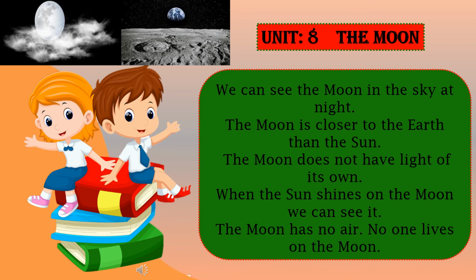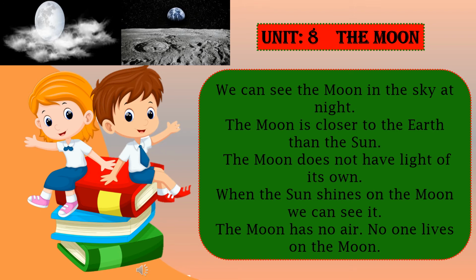The moon is closer to the earth than the sun. And one more thing is that I told you that the sun and all the other stars are so far from the earth. But as compared to the other stars, the sun is quite nearer. But if we compare the moon's and the sun's distance to the earth, the moon is closer to the earth than the sun.